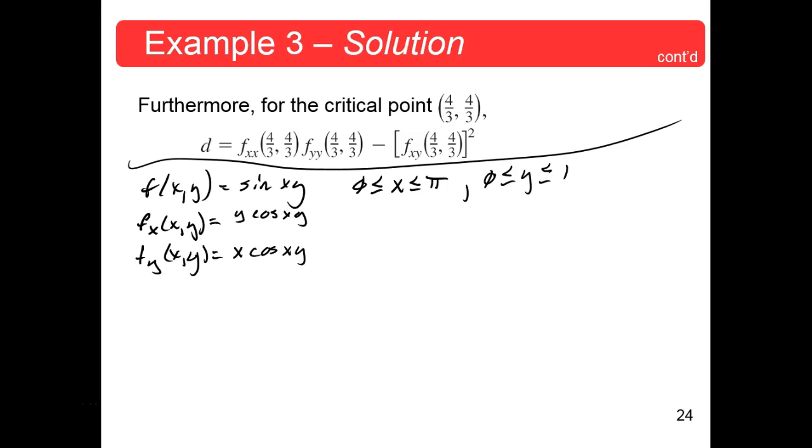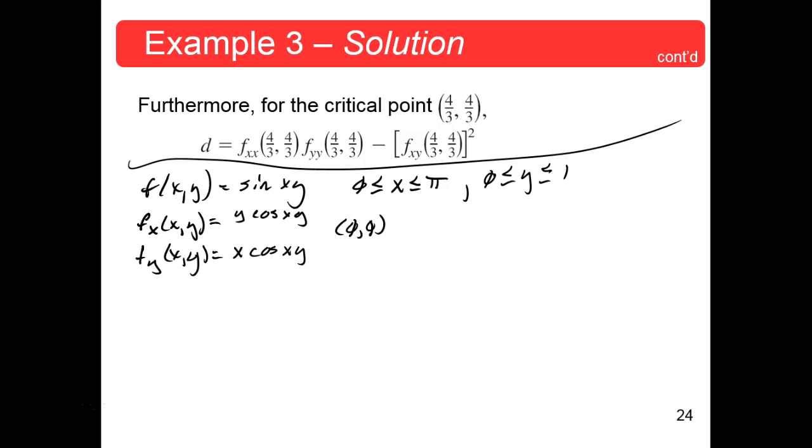Obviously, anywhere y is equal to 0, this is 0, right? Anywhere x is equal to 0, this is 0, right? So those will be both 0 at 0, 0. That's one critical point, 0, 0.